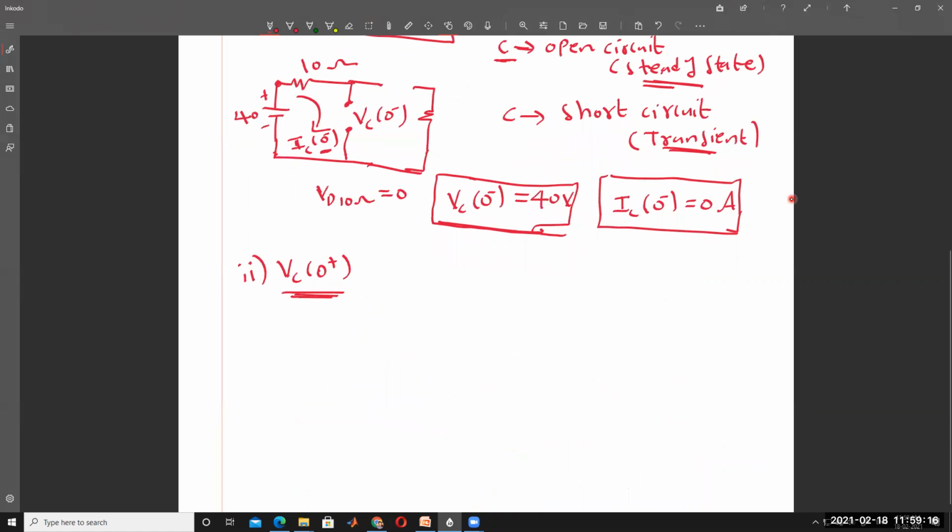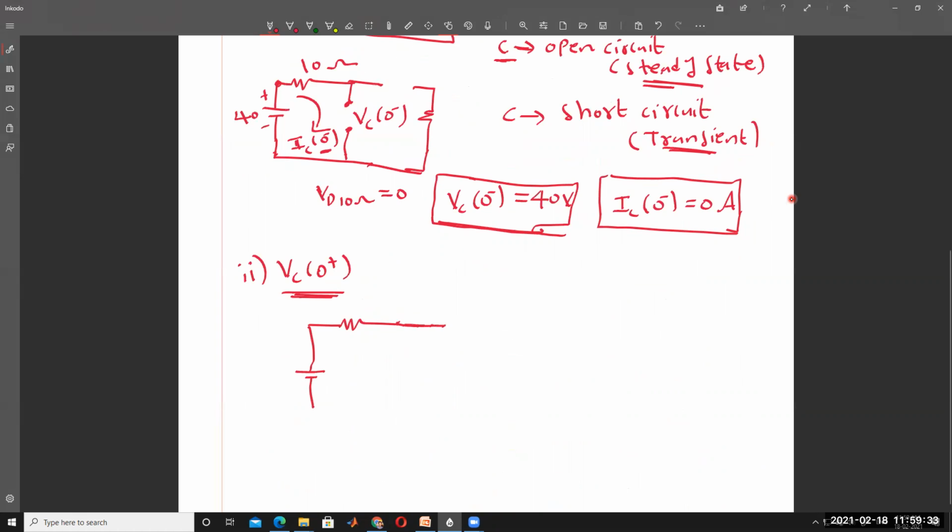So this circuit will be like this: a 10 ohm resistor, a 40 volt source, and the switch is closed.